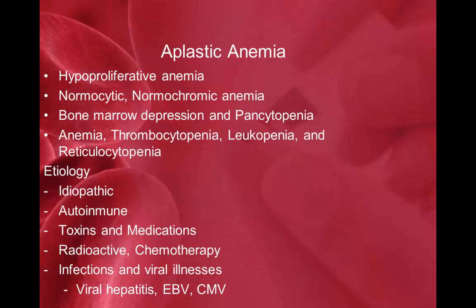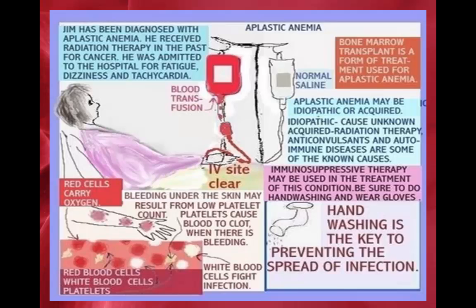The causes are basically again chemicals, exposure to benzene, radioactive therapy, chemotherapy, any viral infection, Fanconi anemia, which is an autoimmune disease. Okay, so basically, a patient that has been receiving radiation therapy for cancer, for example, receiving a blood transfusion, comes in with the signs and symptoms of anemia, which are general, but they have severe thrombocytopenia, petechiae, ecchymosis, bleeding in the gums or conjunctiva.